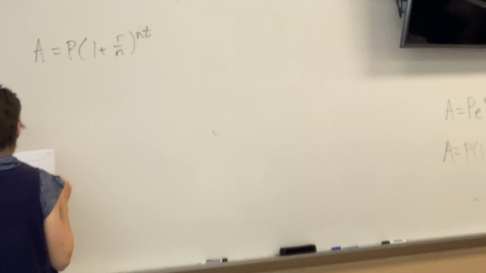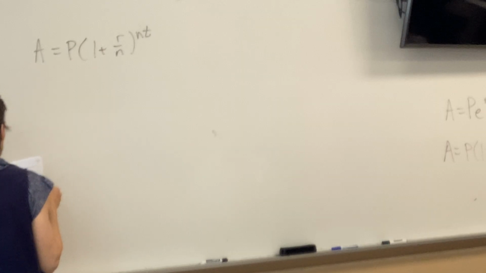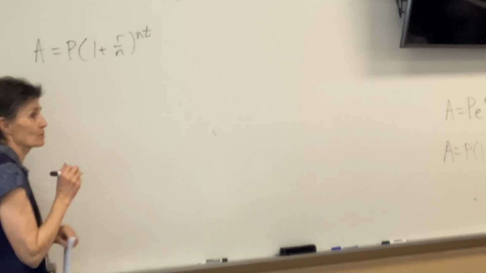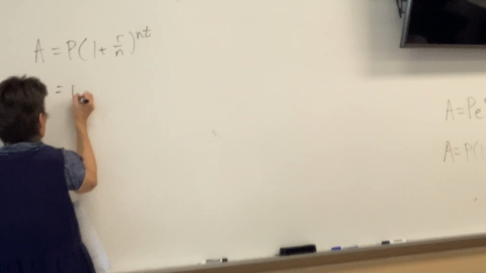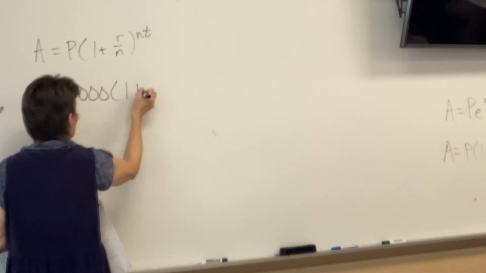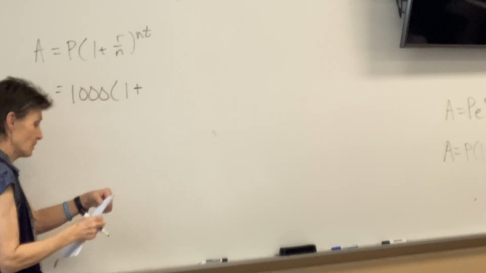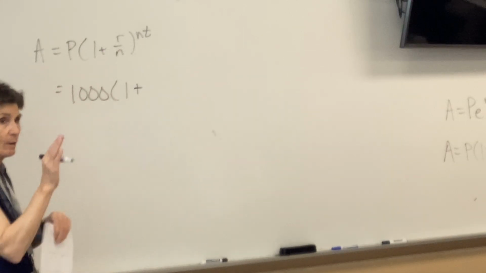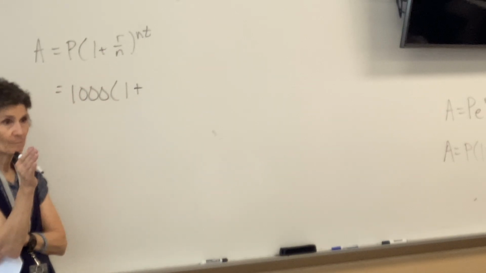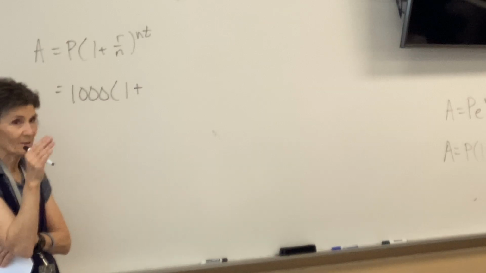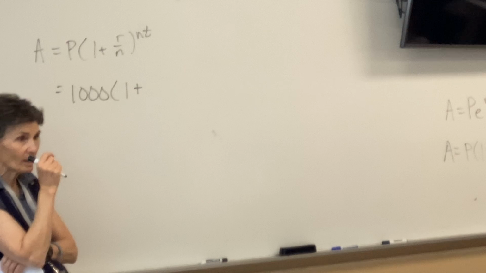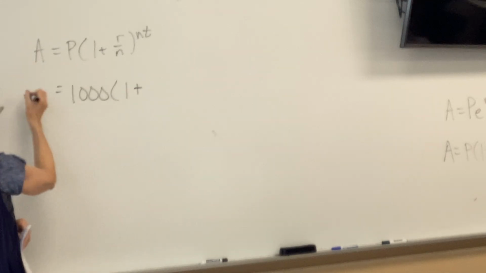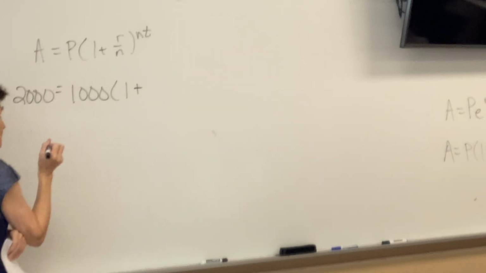So how long will it take for an investment of 1,000? Where does the 1,000 go? P, that's what I'm starting with. To double. What does that mean? If I'm starting with 1,000, I'm gonna end with 2,000. So A is gonna be 2,000.